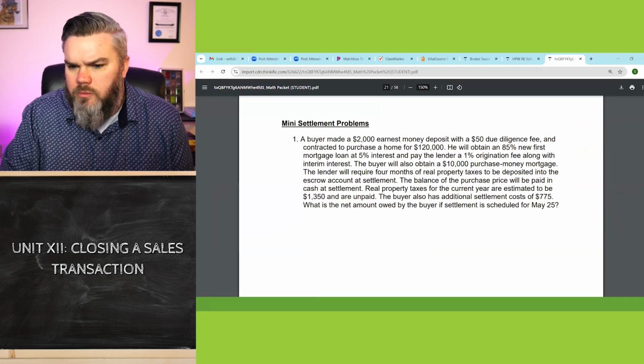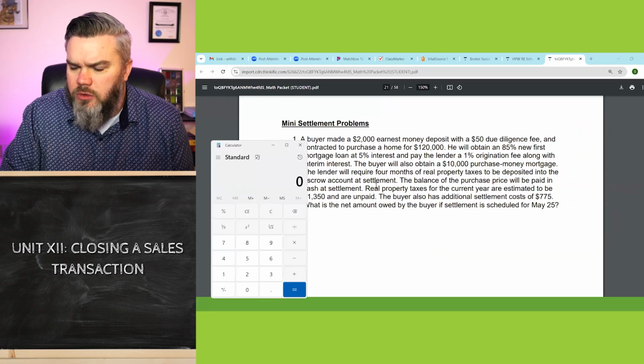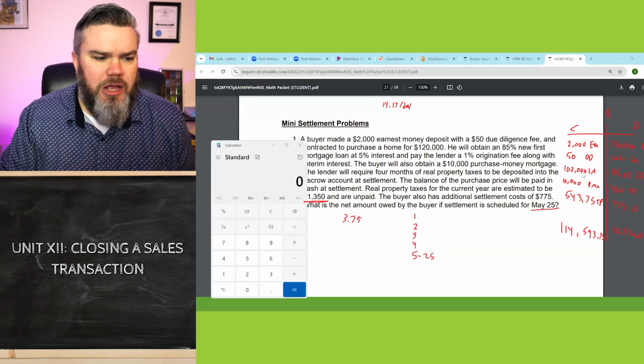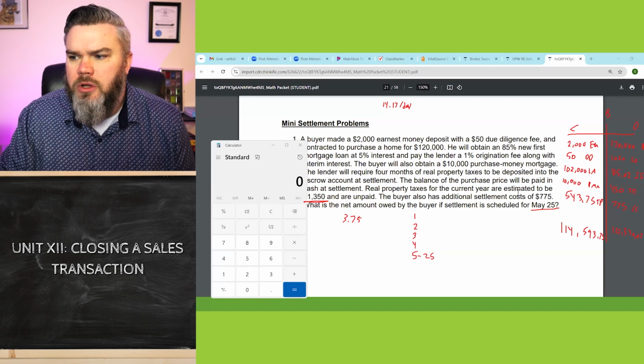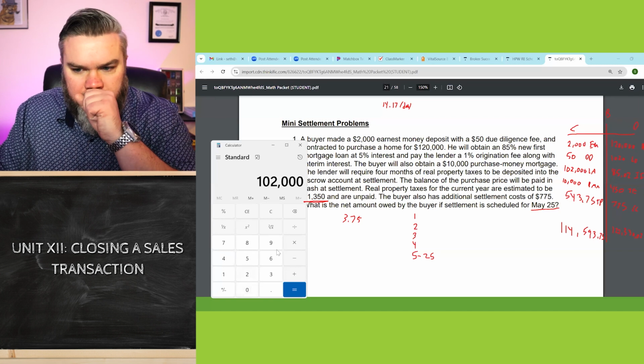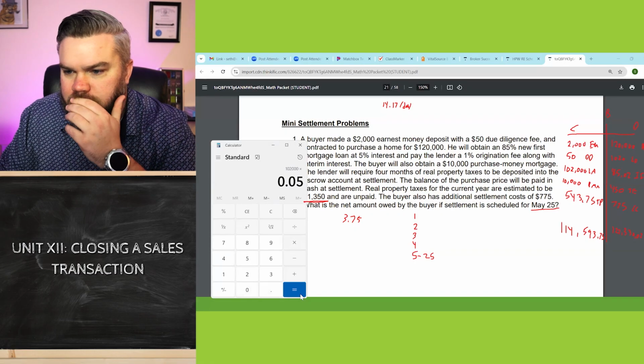The interim interest is your loan amount, which is $102,000 because they can't charge you interest on money you didn't borrow. So your $102,000 loan amount times your interest rate of 5%.